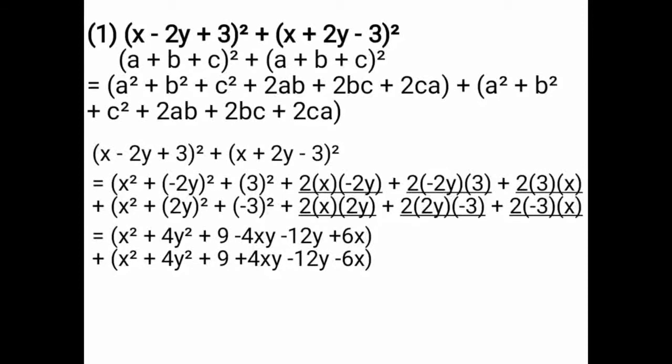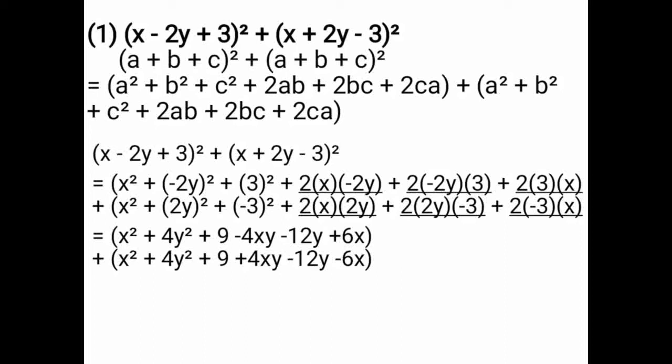Now we will look at the second bracket of the expansion form of the formulas of (a plus b plus c) the whole square, which I solved. Square of x is x square. Square of 2y is 2y into 2y, 4y square. Square of minus 3 is minus 3 into minus 3, 9.